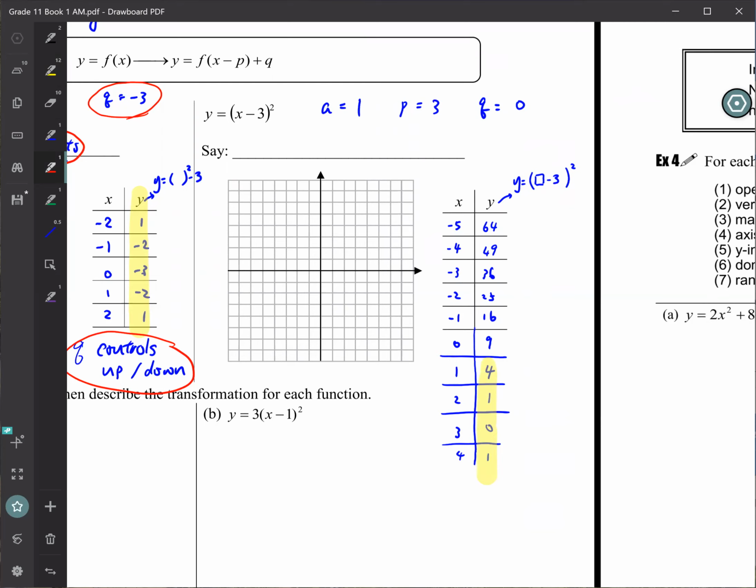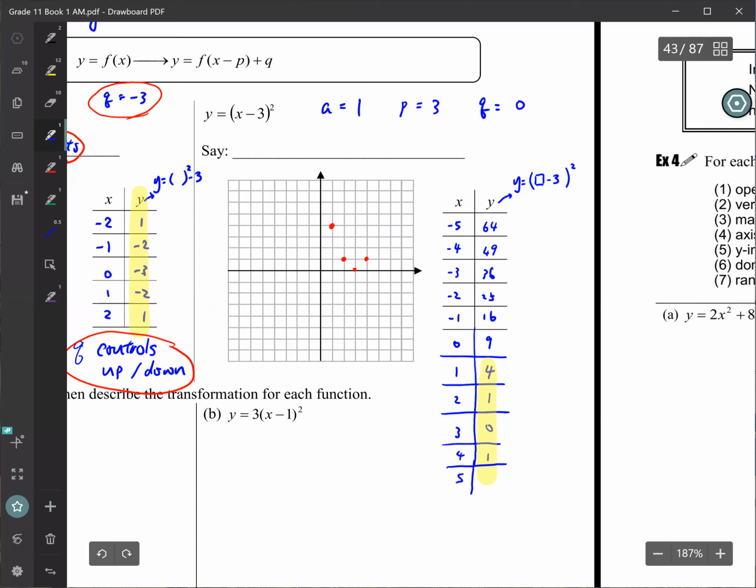So 1 is 4. Up here, 2 is 1, right? 3 is 0, right? So it looks like the parabola is bending up now. We can sort of see the vertex, right? If we graph one more, I'll extend the table one more.